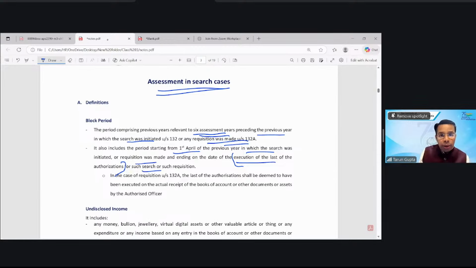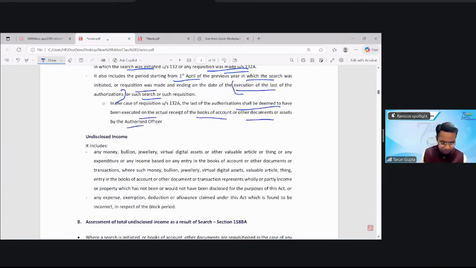In case of requisition under section 132A, where the books of account or assets are requisitioned from any other authority, the last of the authorization shall be deemed to have been executed on the actual receipt of the books of account or other document or asset by the authorized officer. Okay. Secondly, undisclosed income.